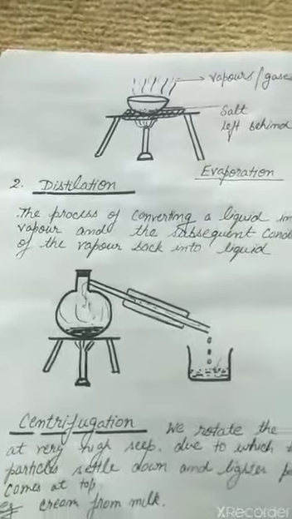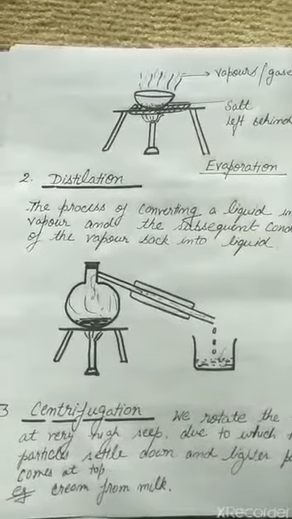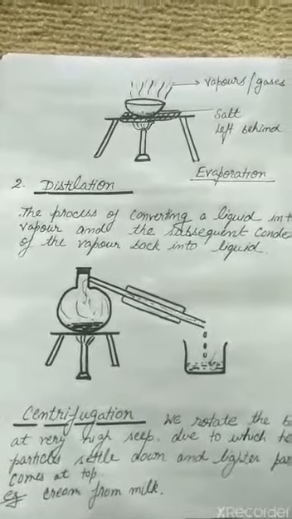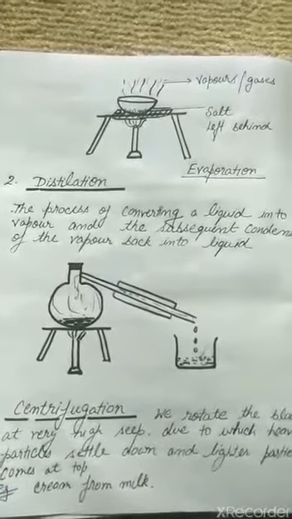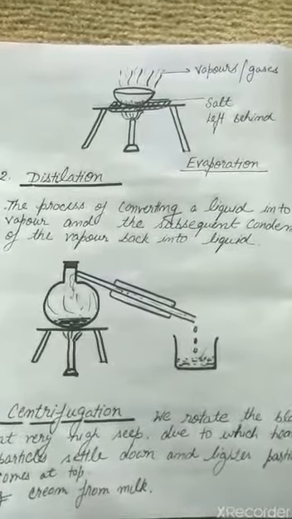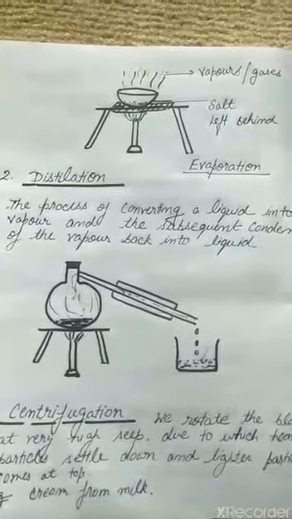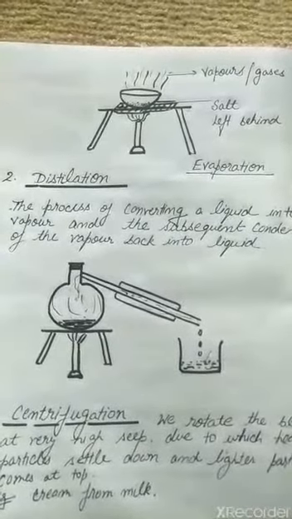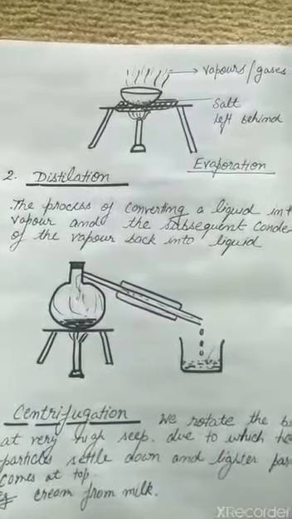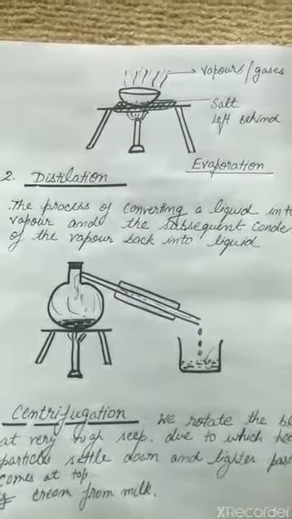Now next is centrifugation. Centrifugation is the process of rotating the liquid at very high speed, especially used, or you can see in your home also, to separate cream from milk or butter from milk.